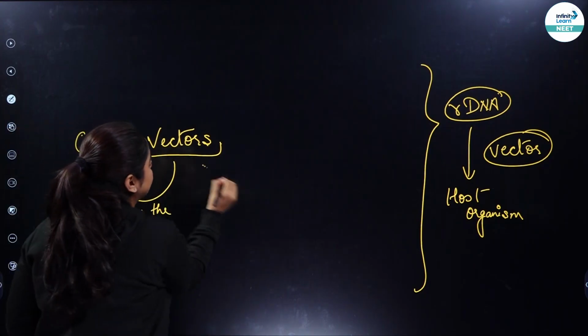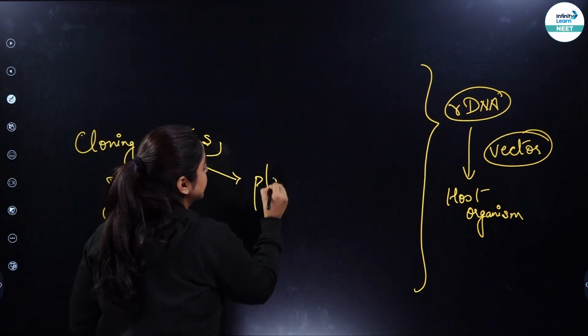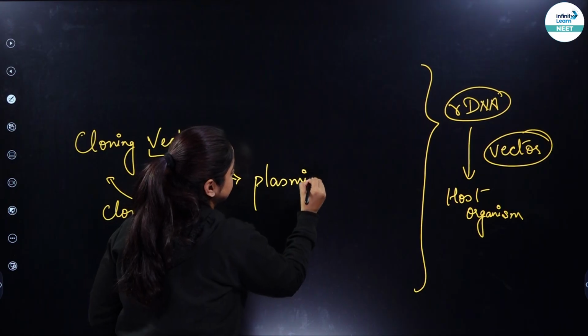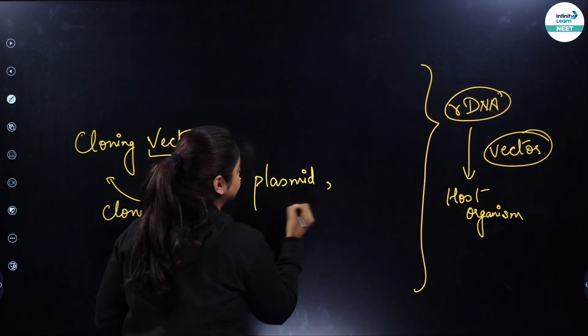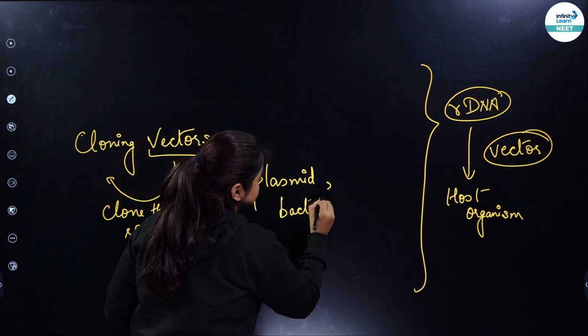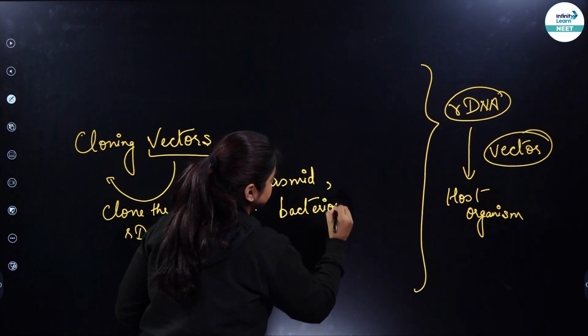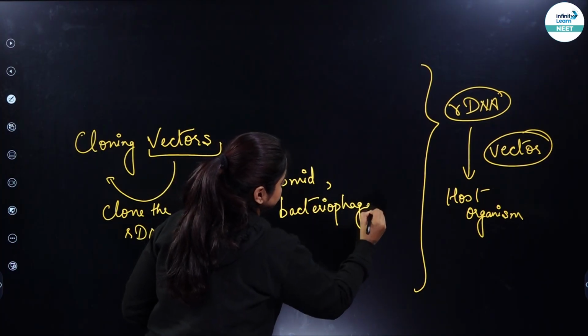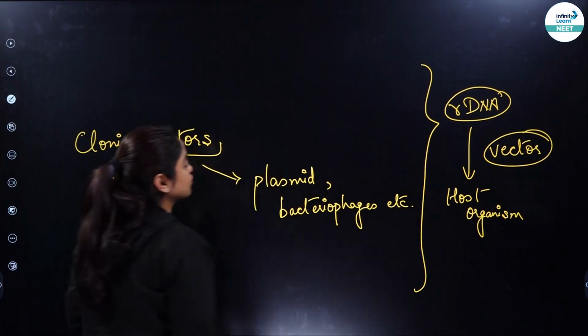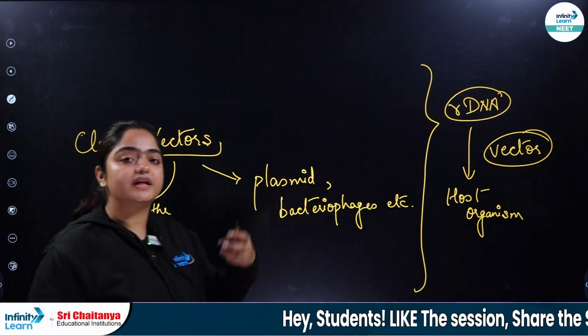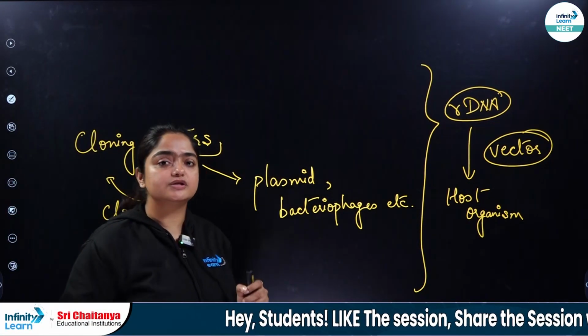Now, these vectors could either be plasmids or bacteriophages, etc. Why are we considering them as plasmids or bacteriophages?